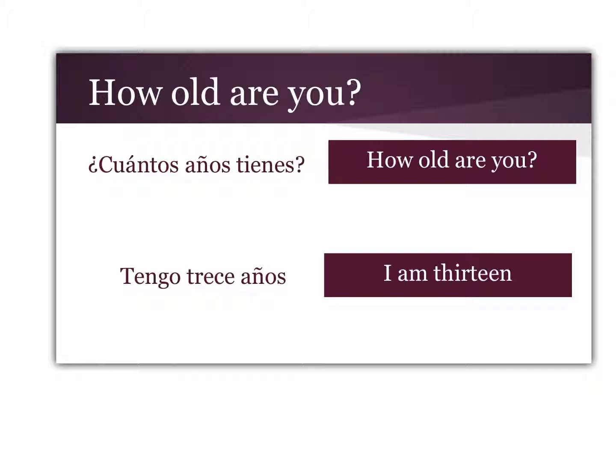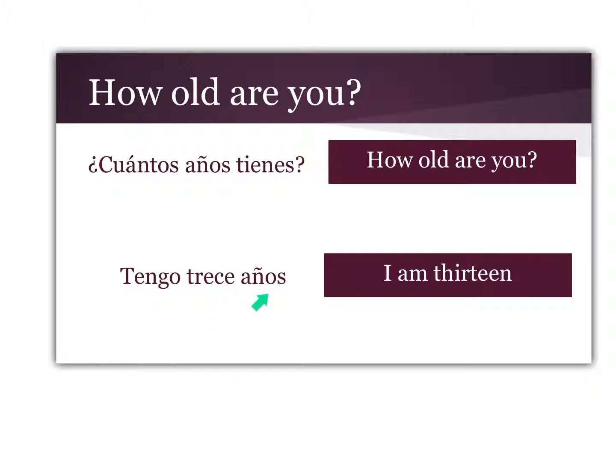Similarly, with the answer, we say tengo 13 años. What we're literally saying in reply is I have. That's the first person singular, the I form of the verb to have. 13, the number 13.